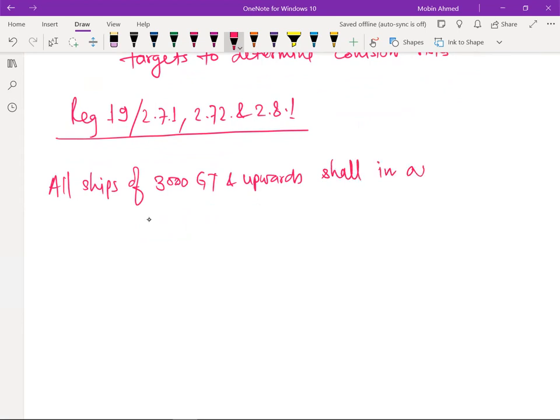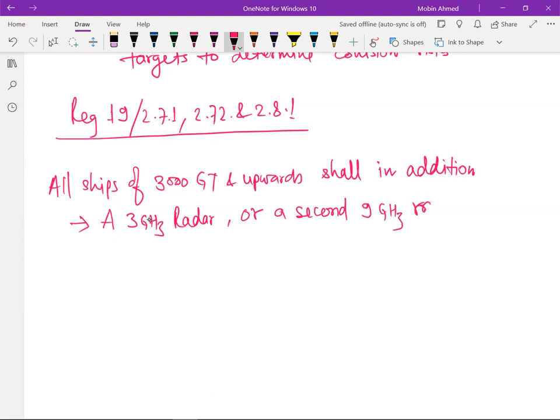have a 3 gigahertz radar or a second 9 gigahertz radar.